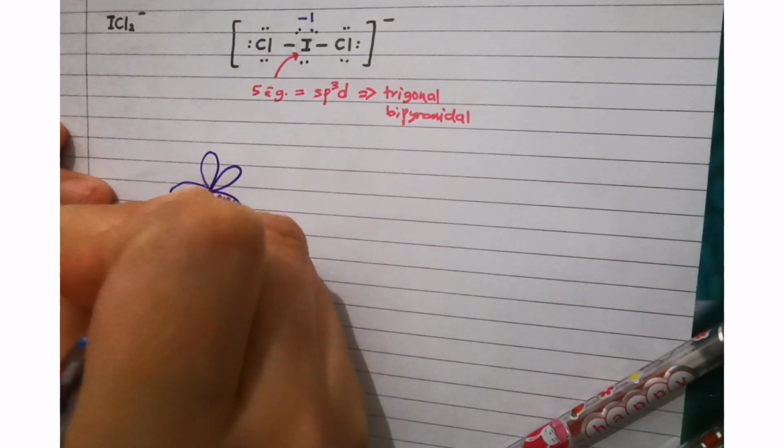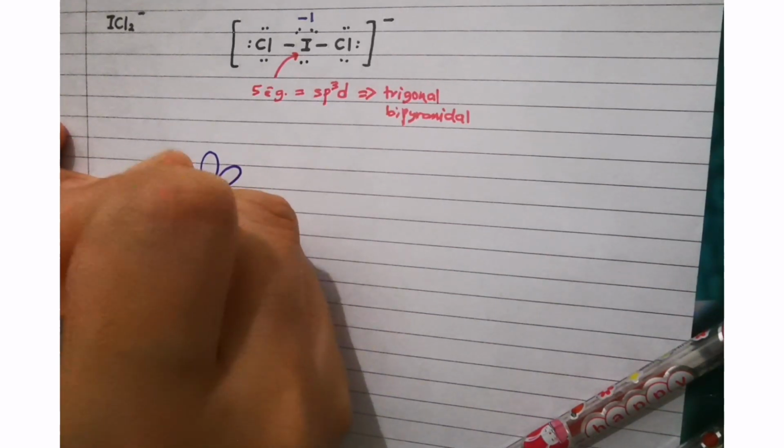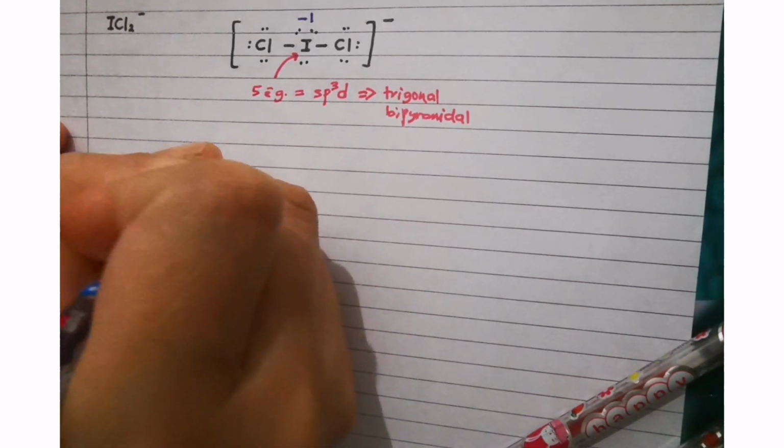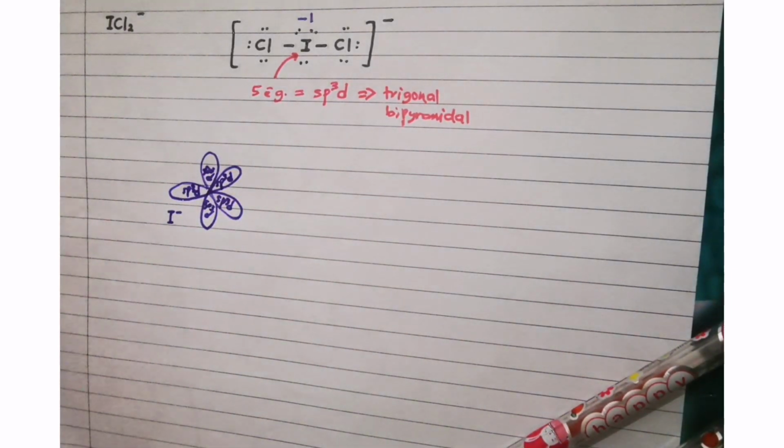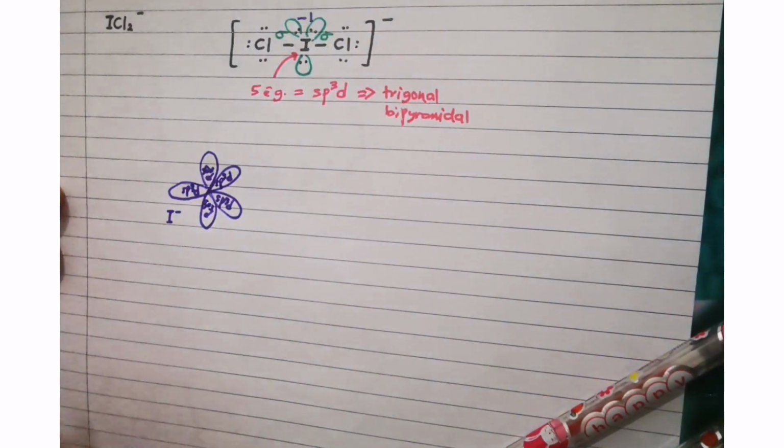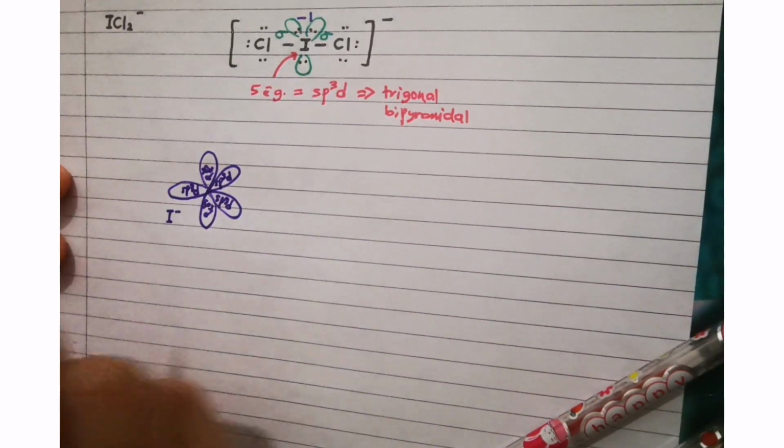Label all the lobes. And next, look at the Lewis structure. From the Lewis structure, we have 2 sigma bonds and 3 lone pairs.